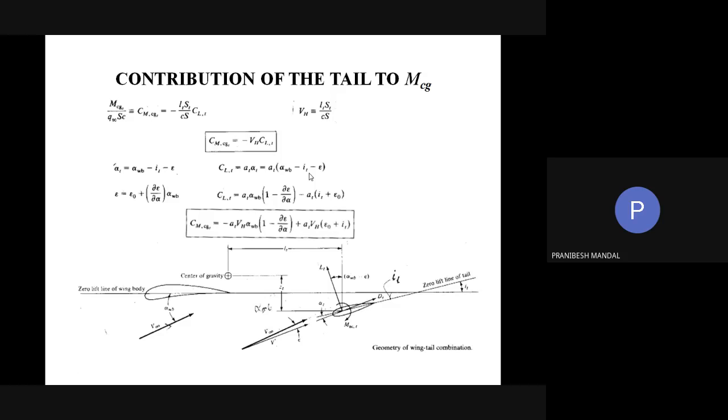Is it okay? Sir, alpha wing body minus epsilon is almost zero. Let that be, for now tell me whether it will be there or not. Yes, sir. It can be zero, not exactly zero, but a very small quantity. Yes, sir. But as far as the expression is concerned, this will be there or not.